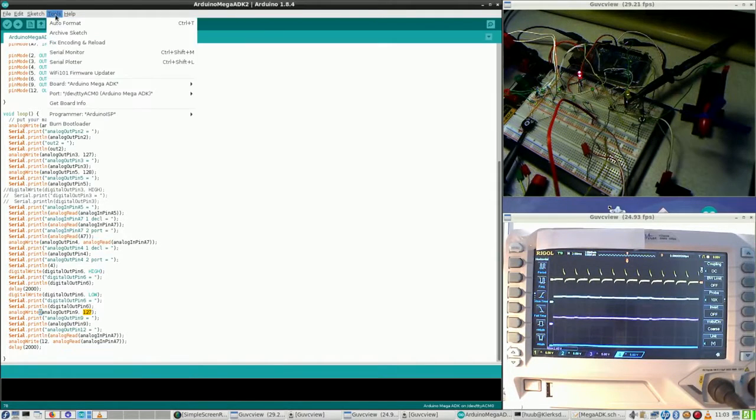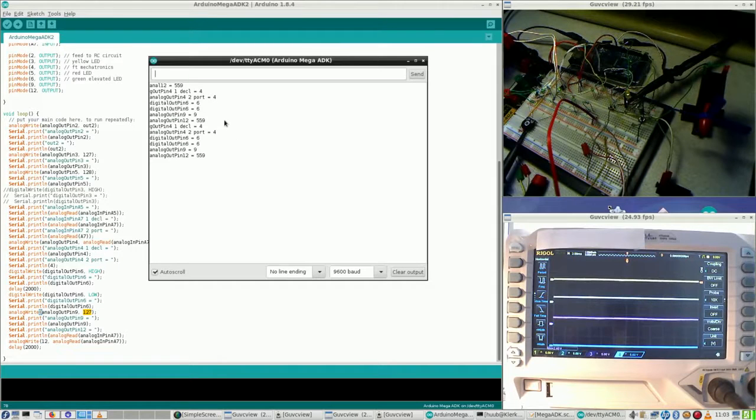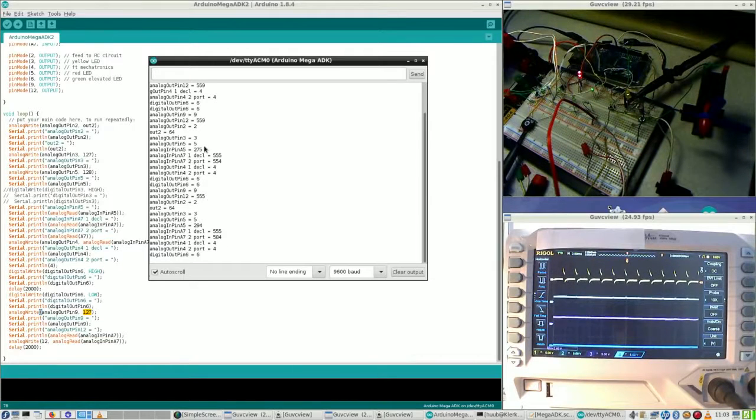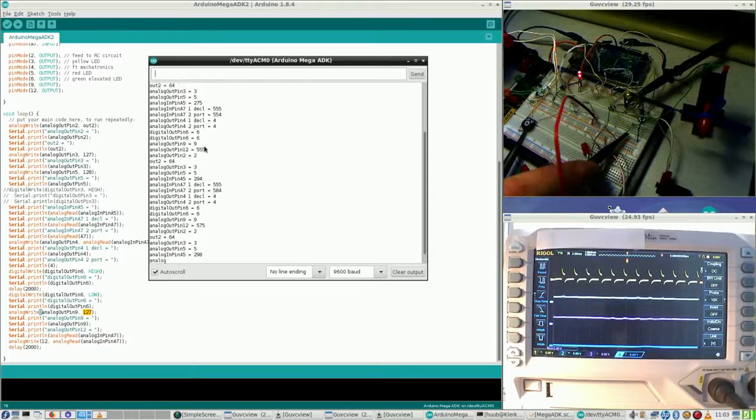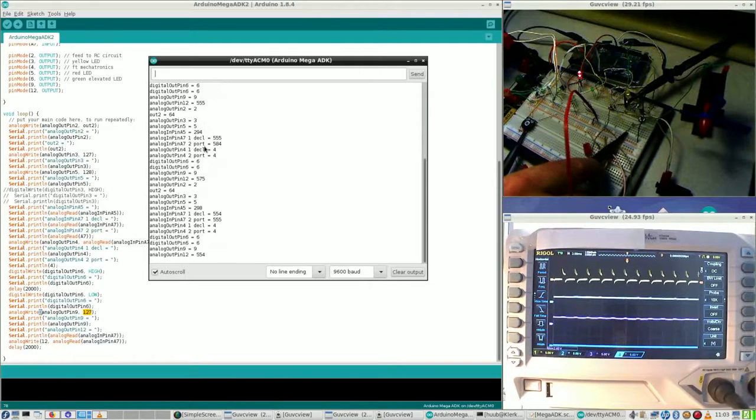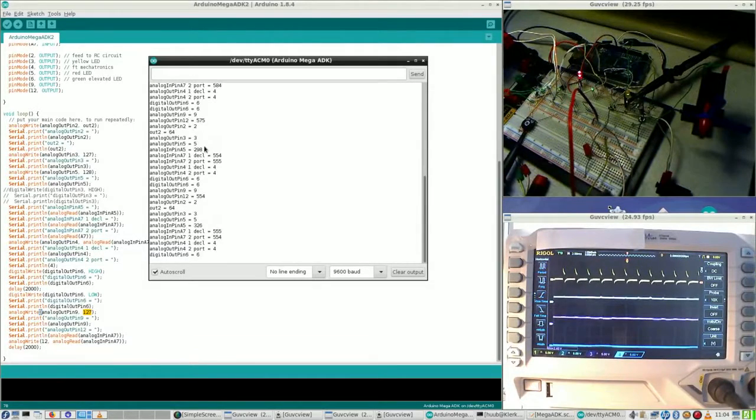So how does the serial monitor do? 9. It just gives 9. And looking here, is this 9? I honestly can't tell.